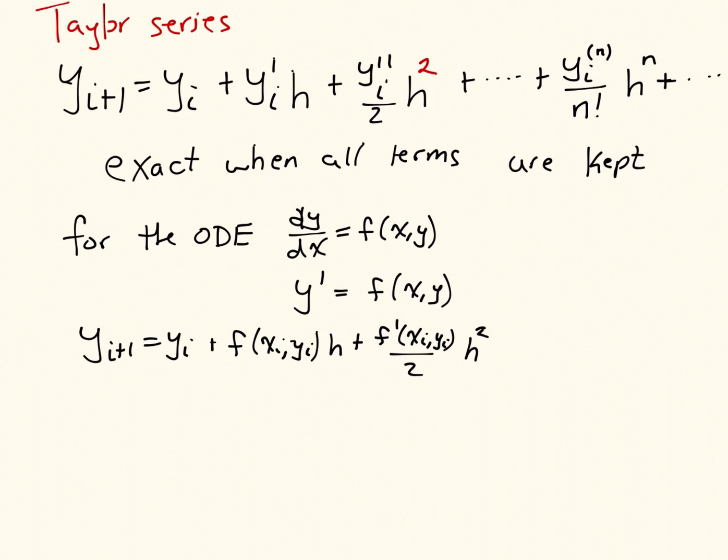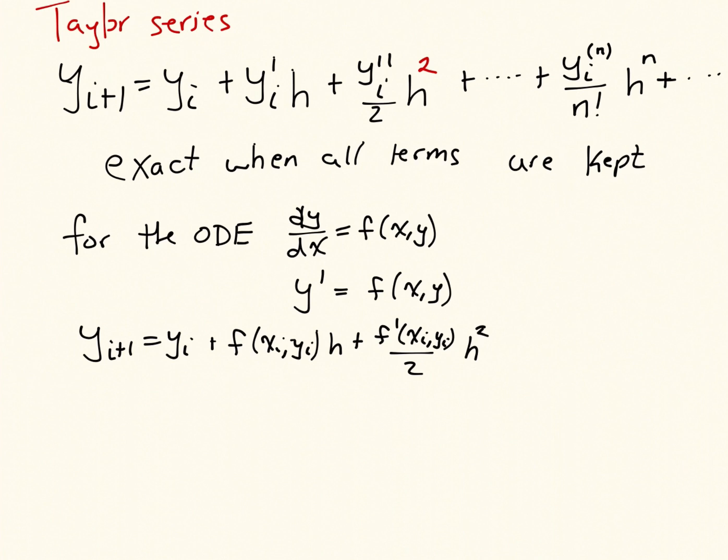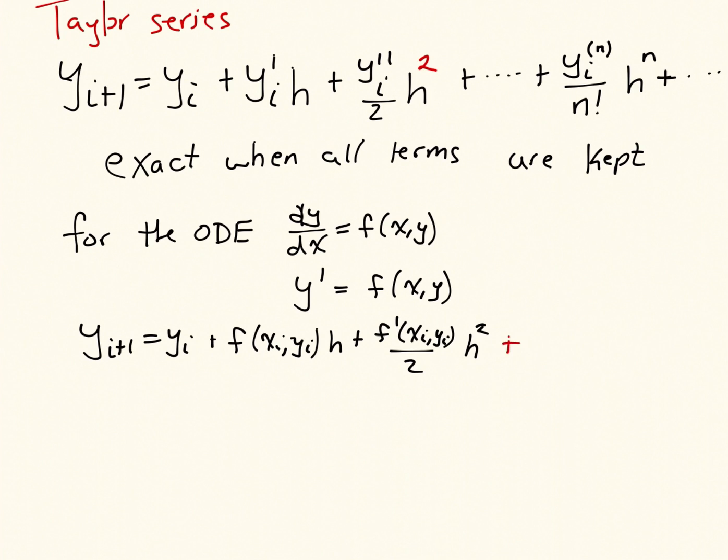Okay, so now going back down to the equation I just wrote, this is the Taylor series, and this keeps going on and on. But you'll notice the first little bit of it is exactly what we wrote for Euler's method. So if we look at this part of it, this is Euler's method.